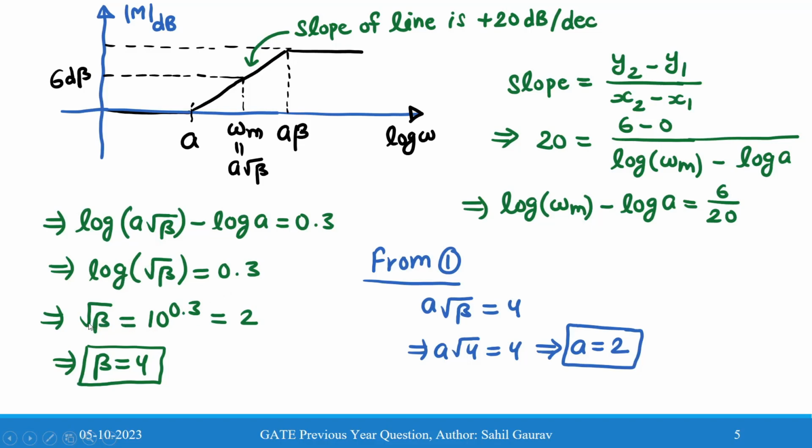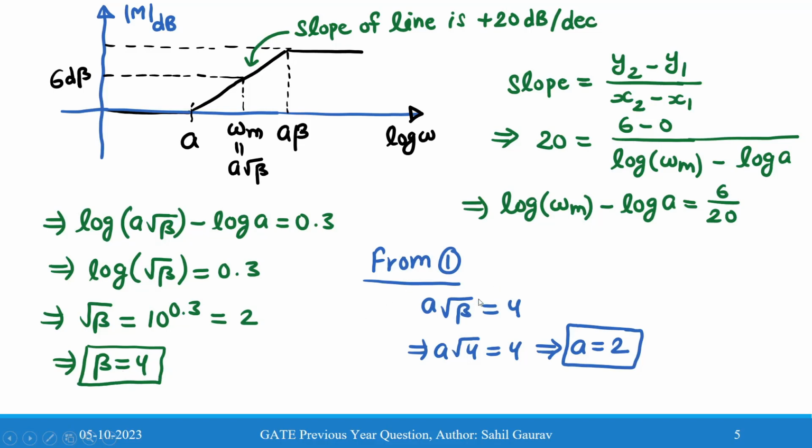Therefore square root beta is equal to 10 to the power 0.3, and 10 to the power 0.3 is equal to 2. This is important, you can keep it in mind. Therefore we get beta is equal to 4.